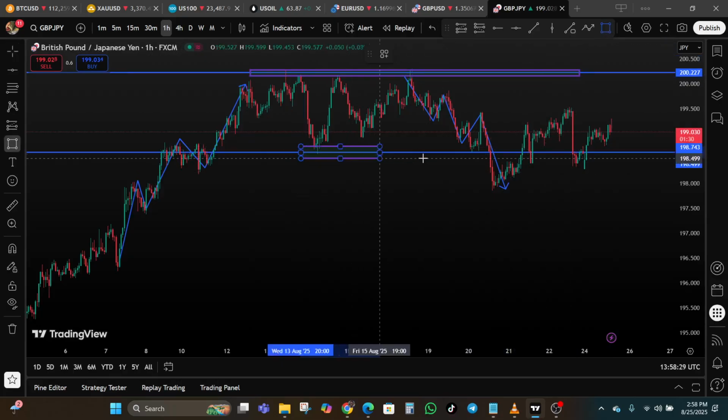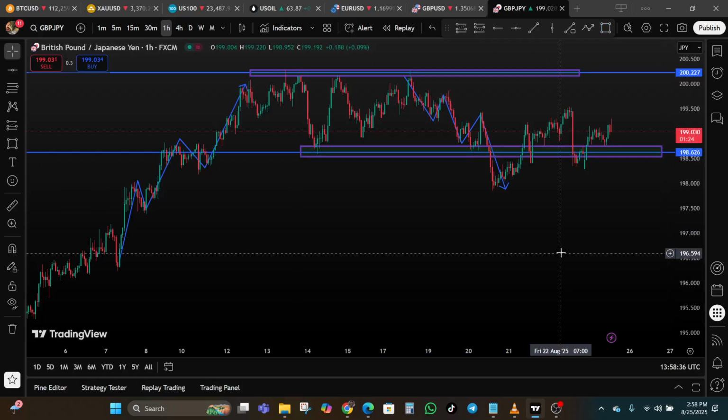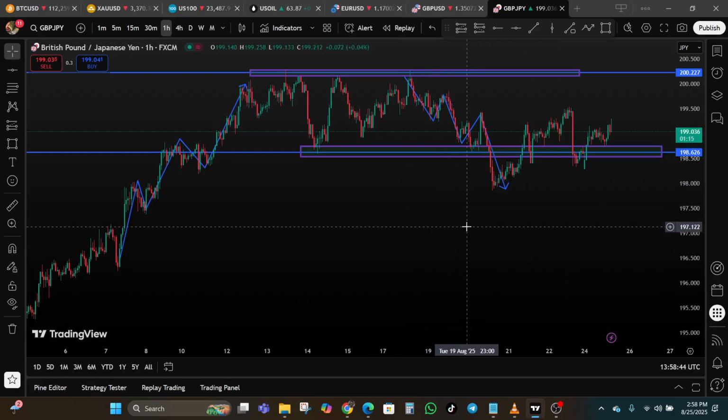Of course, support and resistance zones are usually more respected on higher time frames compared to lower time frames. It's a normal thing. You'll notice price reacting to key levels much more consistently, which gives you confidence in planning trades.